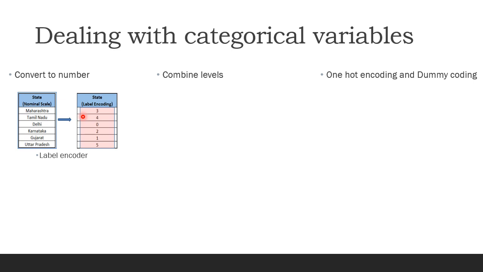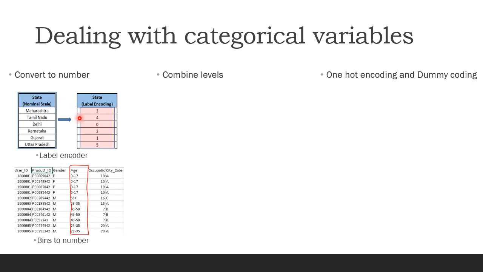This method is called label encoding. We have given a label, a code, to this label. Another way would be binning. In the existing data we have certain bins already available.